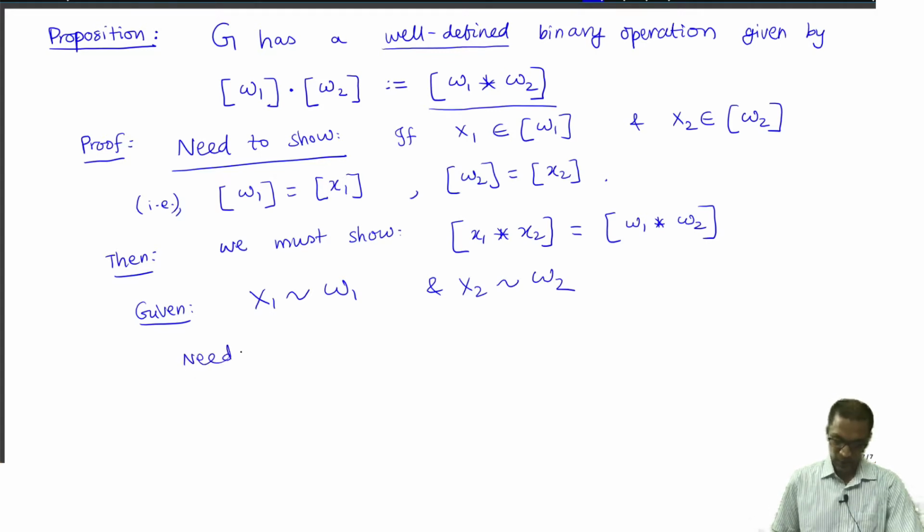What we need to prove is that the concatenations are equivalent: x1 star x2 is equivalent to w1 star w2. So what does equivalent mean? It means there is a chain starting with W1 ending at x1, in which each intermediate step is obtained from the preceding one by an application of a basic rewriting rule.